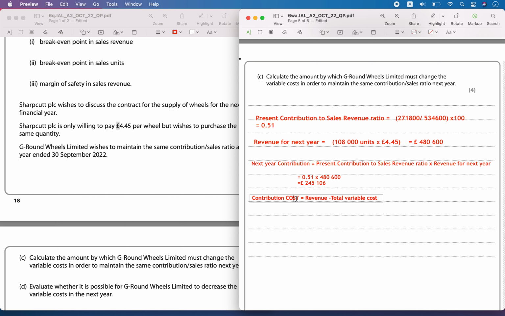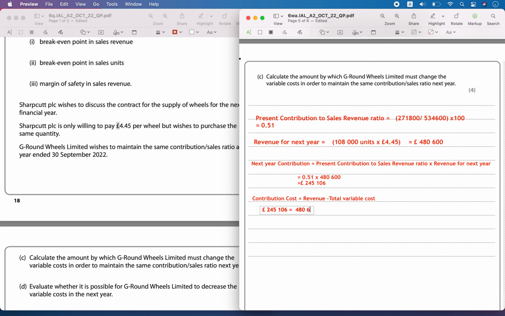Now we have the contribution for the next year, and we also have the revenue for the next year, which is 480,600.